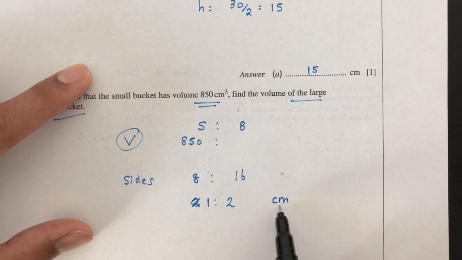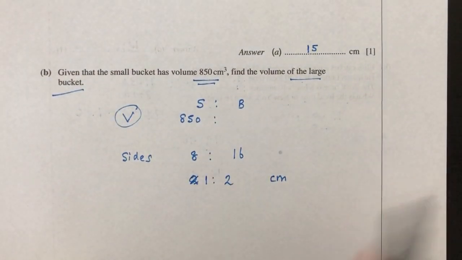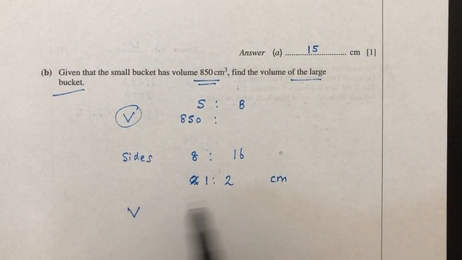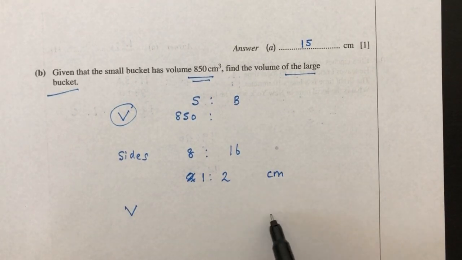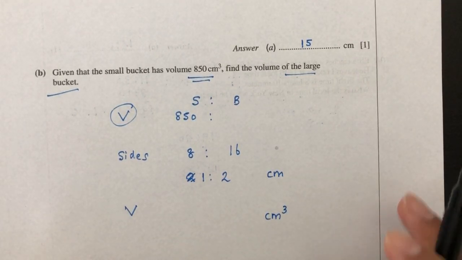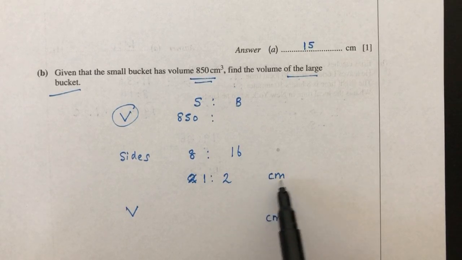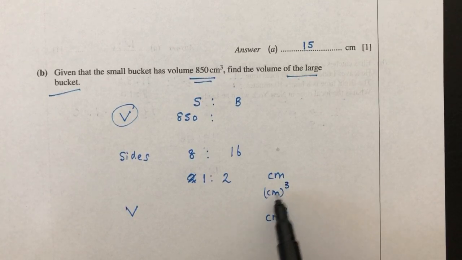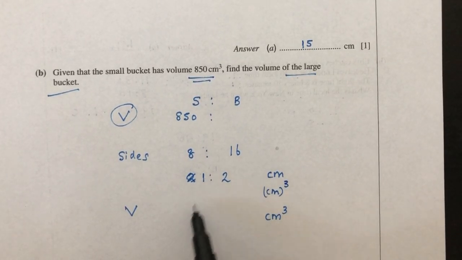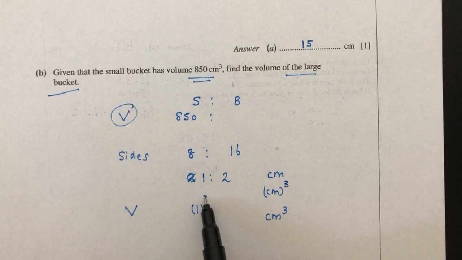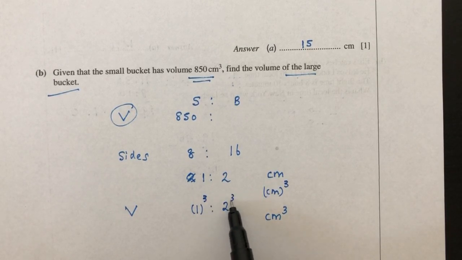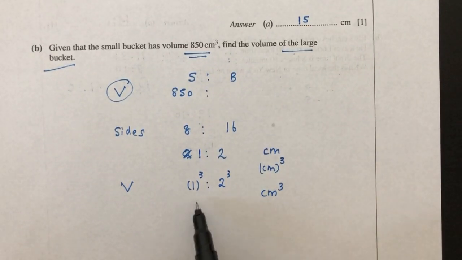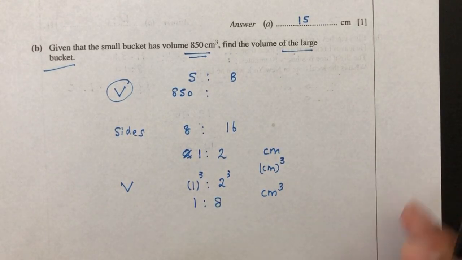The unit of side is in centimeters. But now if you want to compare the volume, the unit of volume is centimeter cube. So how do you convert centimeter to centimeter cube? You have to put a power of 3, right? So you have to do the same thing here for the ratios. The volume ratio will be 1 to 8.